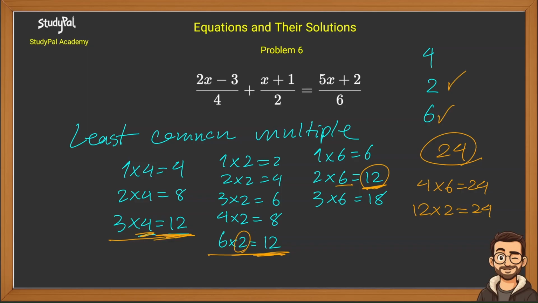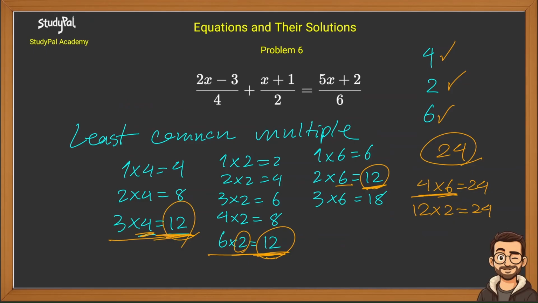What about 4? Yes, it is, because look here. 4 times 6 is 24. So 24 is a multiple of 4 too. But it is a common multiple of these integers, but it is not the least common multiple of these integers. The least is 12.